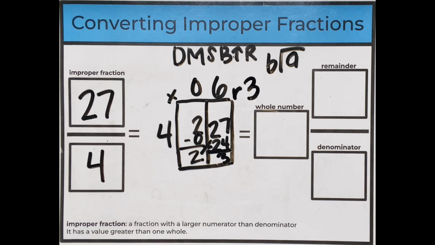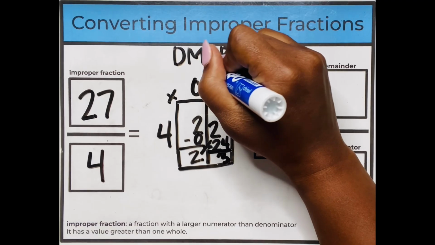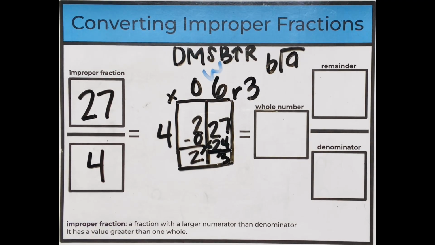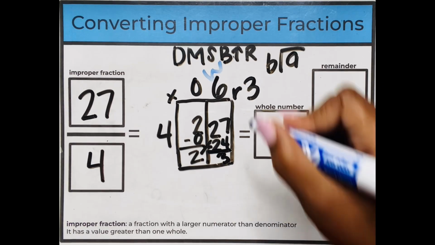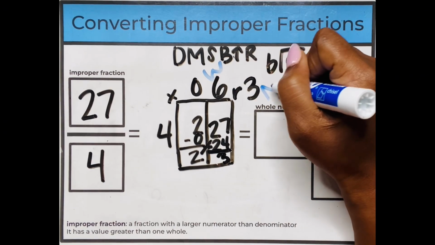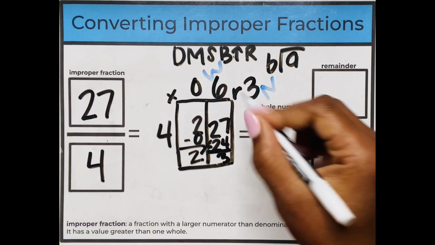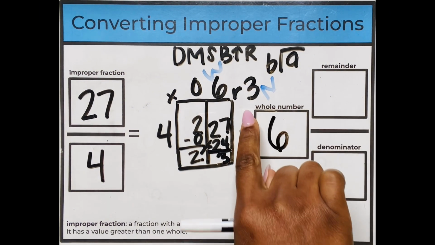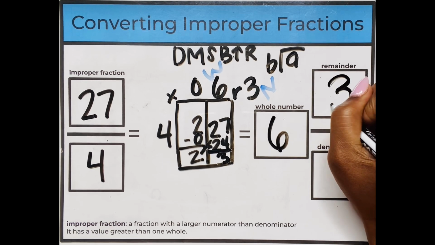All right, so now label. We said that 6, we're going to put the letter what? Hopefully you said W. And then for the 3, our remainder, we're going to put the letter N. We have 6, remainder 3. So as a mixed number, that will be 6, and then the numerator goes there.